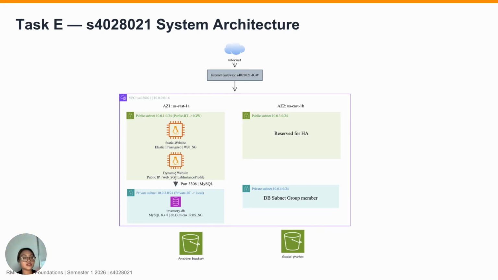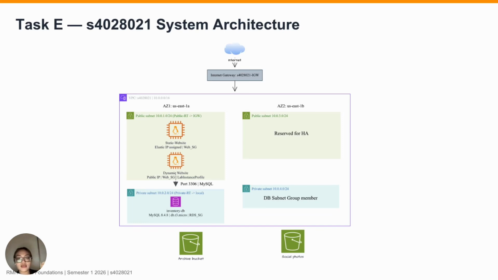The private subnet at 10.0.2.0/24 contains the RDS inventory database behind RDS SG. So the dashed arrow shows the MySQL connection on port 3306 from the dynamic website to the RDS, entirely within the private VPC network.